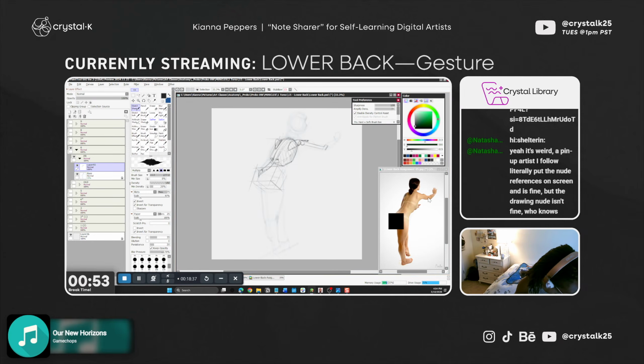Where's the bicep? In the front, you probably won't even see it, but there's a little ridge there for some definition. Okay. Elbow.